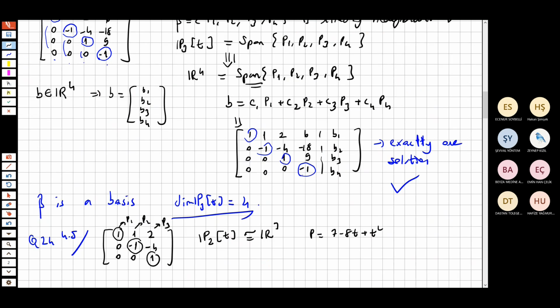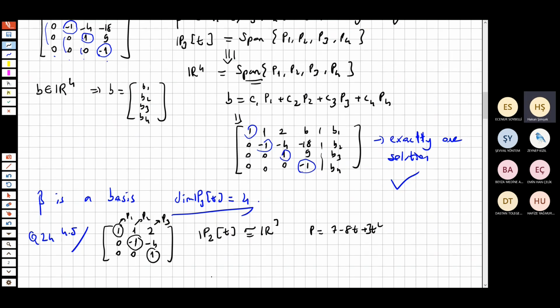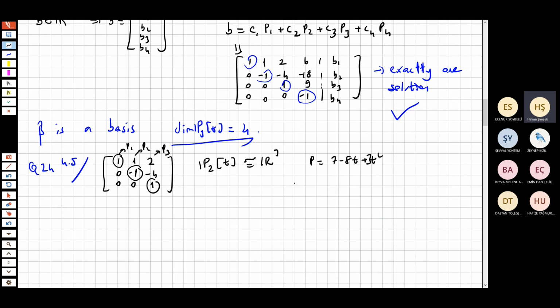So the question is that find the coordinate vector of P relative to the basis beta. What is beta? Beta is the vectors P1, P2, P3 in here.